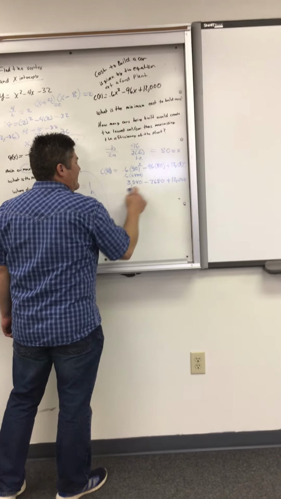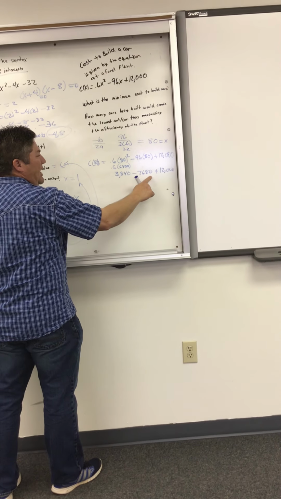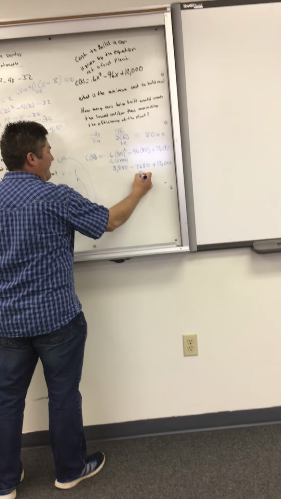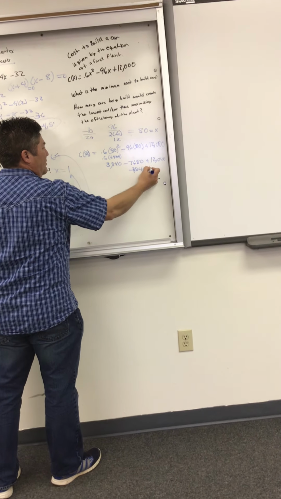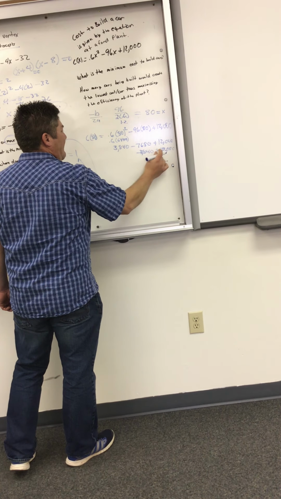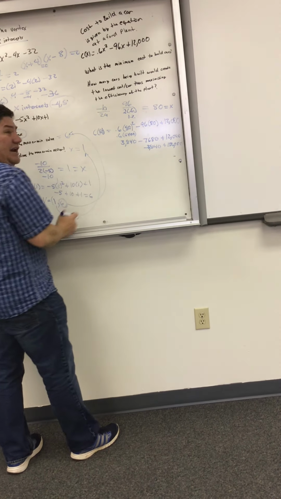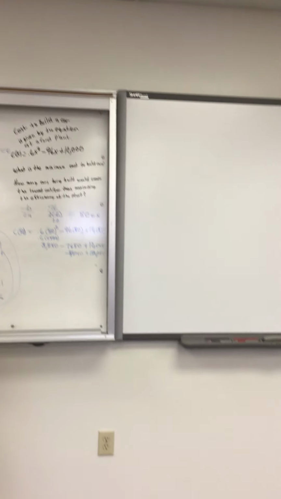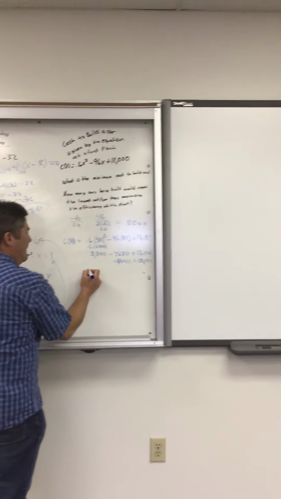Well, 3,840 minus 7,680 is going to be negative 3,840. Plus 12,000, sorry. Okay, so 12,000 minus 3,840 is 8,160.